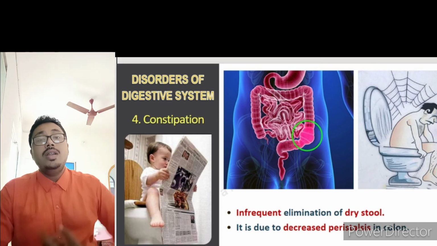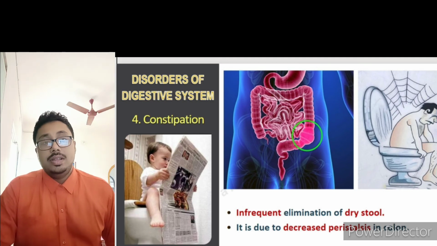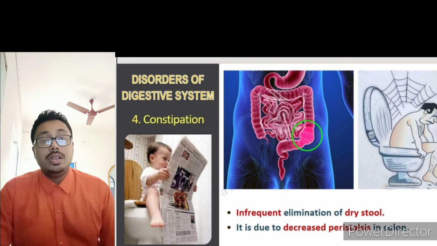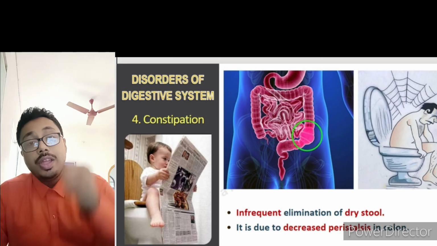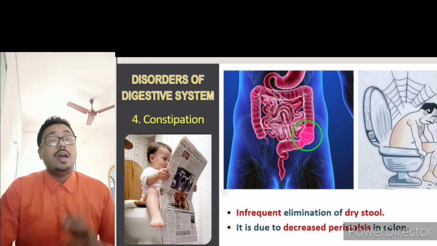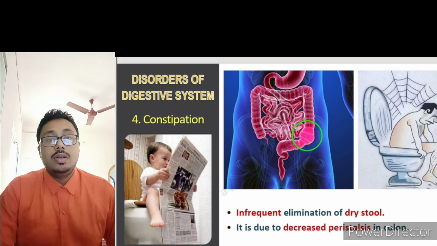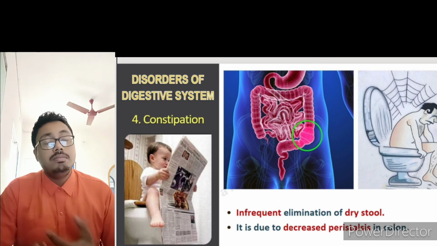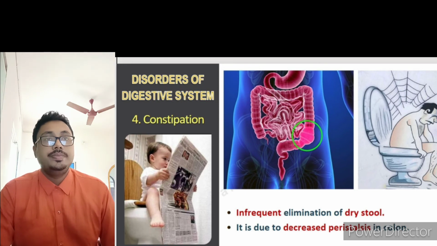This is the colon. If there is decreased peristaltic movement, then constipation will occur. What do you have to do here? You have to drink a lot of water, and you have to consult your doctor about what to eat to prevent this disorder. You have to consult a doctor.